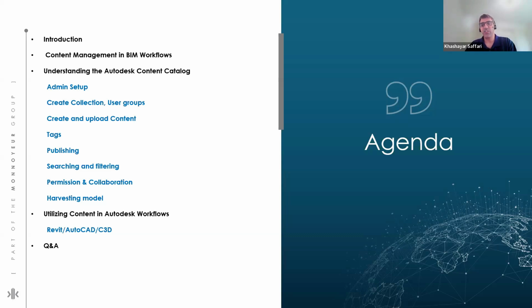Next, we will cover search and browsing features, followed by an explanation of collaboration and content sharing capabilities, including permission settings. Then we will demonstrate how to use stored content within the Autodesk ecosystem: Revit, AutoCAD, Civil 3D, and also outside the ecosystem in something like Rhino. And finally, we will wrap up with a Q&A session to address your questions if you've got any.